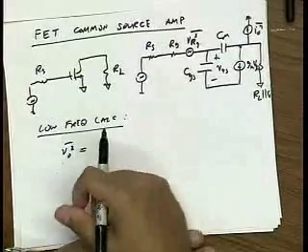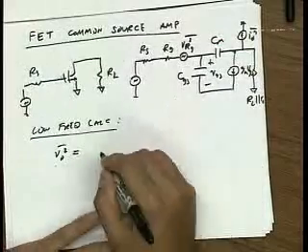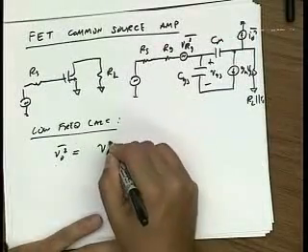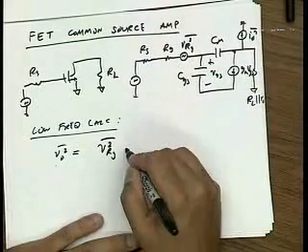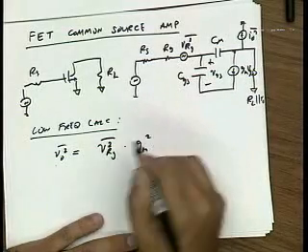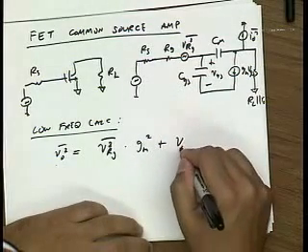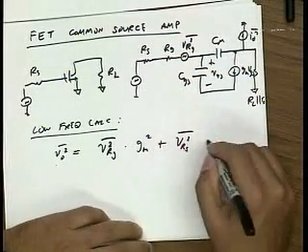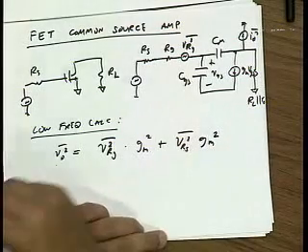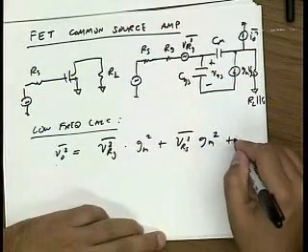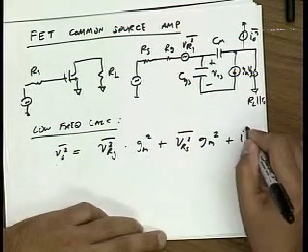What we do is we take one noise source at a time and refer it to the output. So for instance, if I take VRG, it turns into a current at the output with a gain of GM squared at low frequencies. Also, if I take VRS, it also sees a gain of GM squared. On the other hand, the drain current just flows directly into my load, so I have I drain squared.